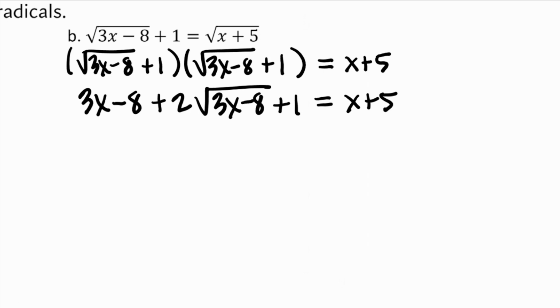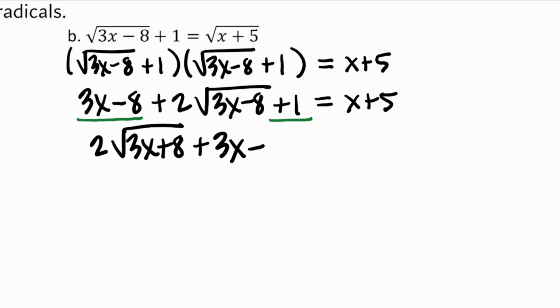Now I'm going to try to isolate this radical. And okay, this is going to work out pretty okay. Maybe I'll collect the 3x minus 8 and the plus 1 over here. So I'll have 2 square root of 3x minus 8 plus 3x minus 7, and that's going to equal x plus 5.